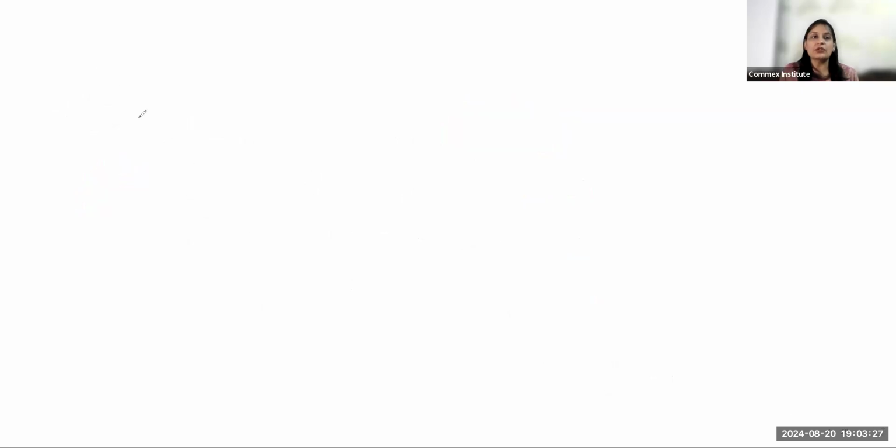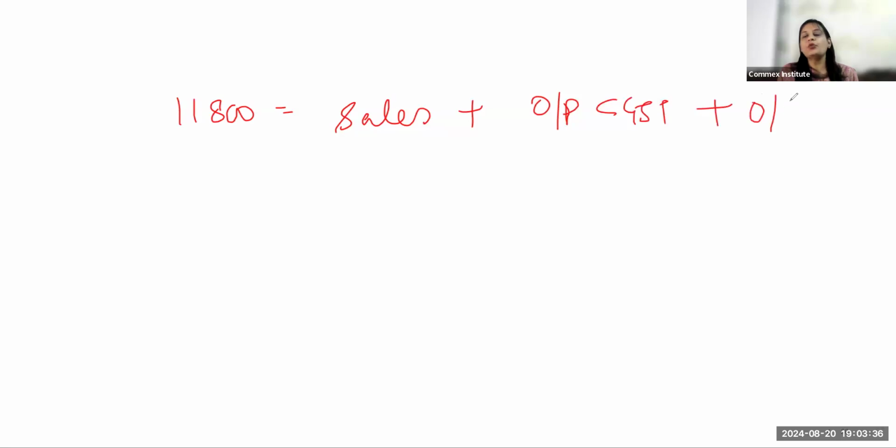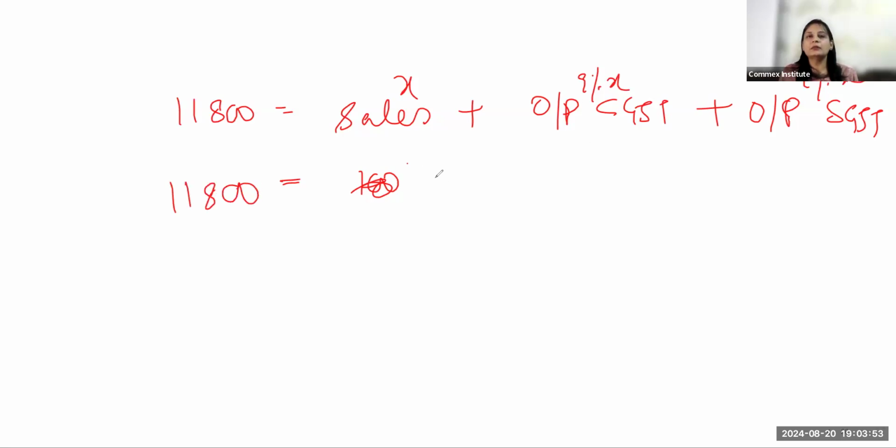So this 11,800, अगर हम उसे X की terms में लिखें, is equal to my sales plus my output CGST plus my output SGST. So my sales, if I take it as X, and this is 9% of X, and this is 9% of X. So 11,800 is my X plus 9% of X plus 9% of X. So it becomes how much?